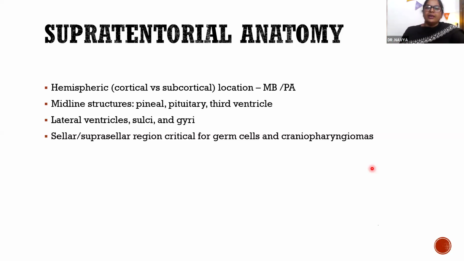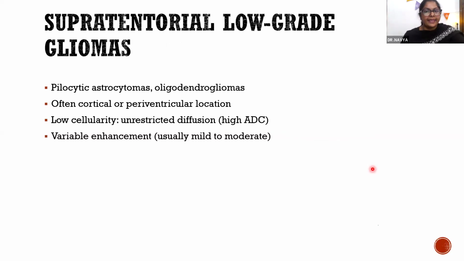Midline structures, yes: pineal, pituitary, and third ventricle can be involved. There will be lateral ventricular or gyri and sulci effacement that we will see in a few of the tumors, and very rarely we get to see GCT and craniopharyngiomas. I've seen only one case though.